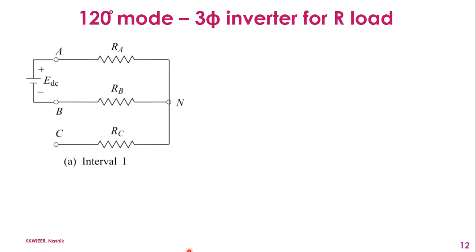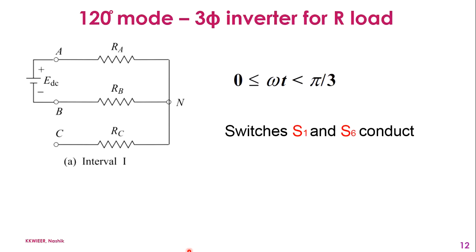For the first mode, that is the first interval 0 to pi by 3, the switches S1 and S6 conduct. So in this first mode, we have seen in our tabular representation that the incoming switch is S1, that is the device 1, and the outgoing device is S5. So what will happen here?